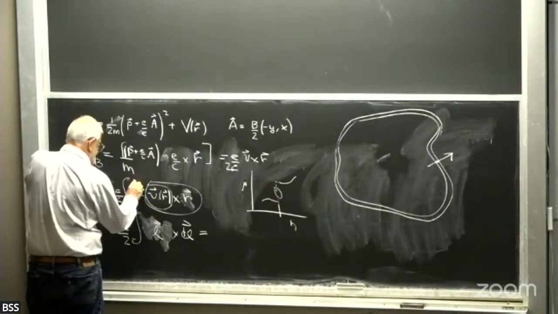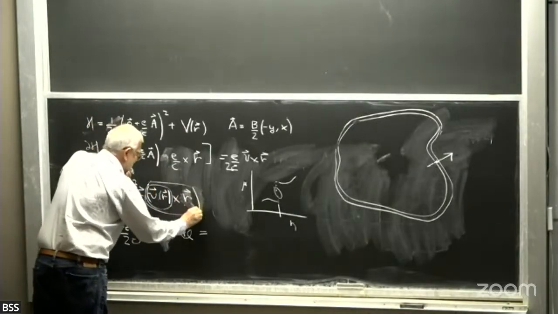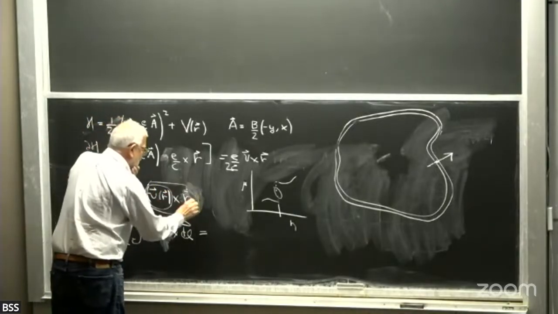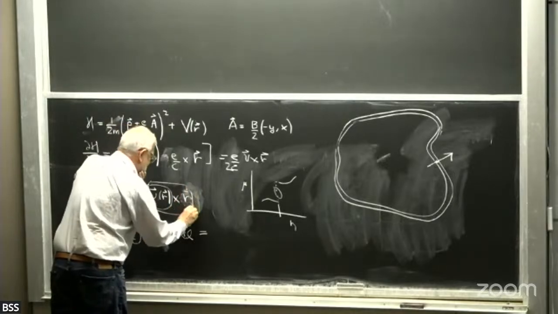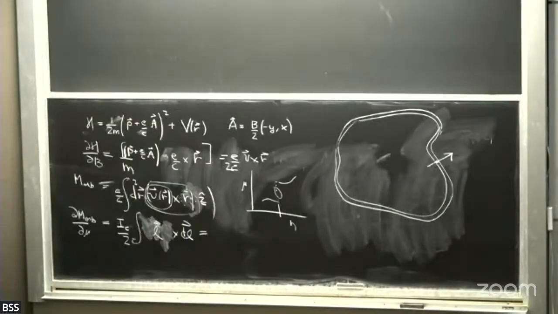This is d2r, and this is the cross product of these 2D vectors. That's a scalar, yeah. Okay.